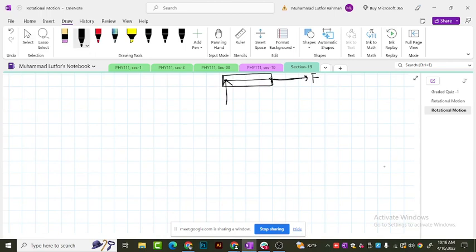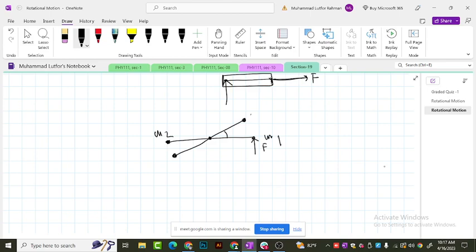Let's say I have 2 objects. Initially the objects are over here. Let's say this is M2 and this is M1. I apply a force over here, which is F. Due to that force they travel a distance.